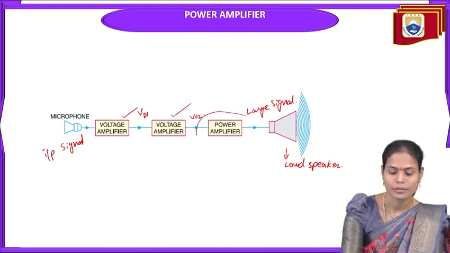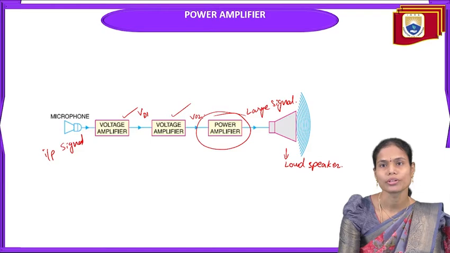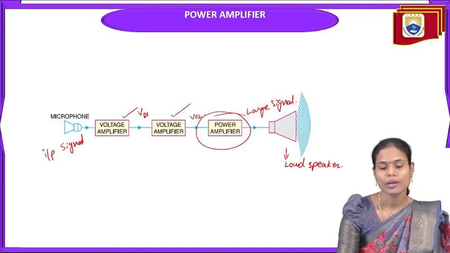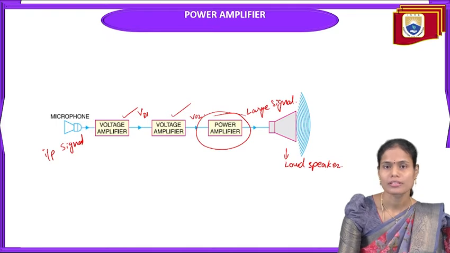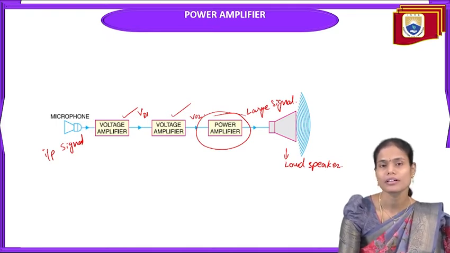In this particular part, we are going to use different types of power amplifiers. Among all the power amplifiers, in the last session we have seen the Class A power amplifier. That Class A power amplifier will conduct for the total 360 degrees of the applied input signal. So it is going to utilize the full applied input signal for converting into a high power signal.